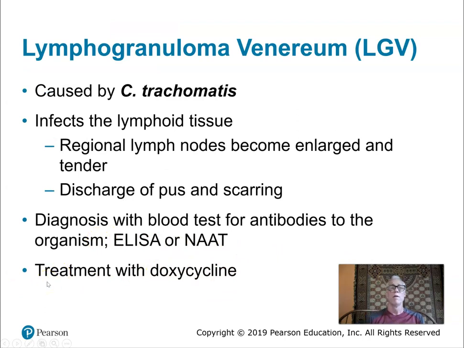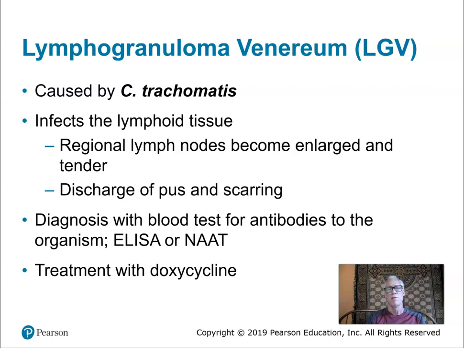Lymphogranuloma venereum, LGV. That's caused by Chlamydia trachomatis, and it infects lymphoid tissue. So the lymph nodes in the region become enlarged and tender, and it can cause a discharge of pus and cause scarring.